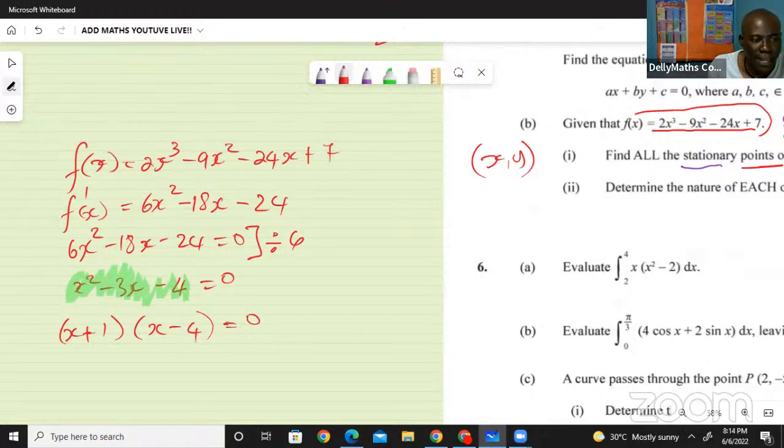So when we factorize this, we end up with x plus 1 into x minus 4.